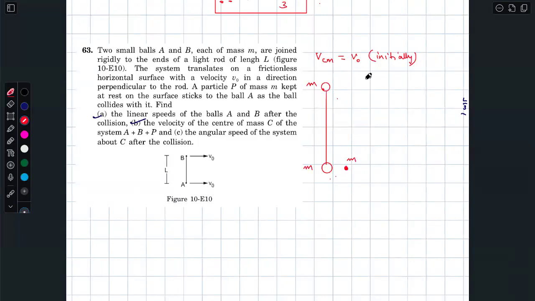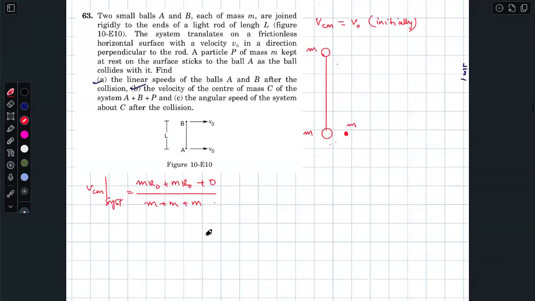So what is the velocity of the center of mass of the system?